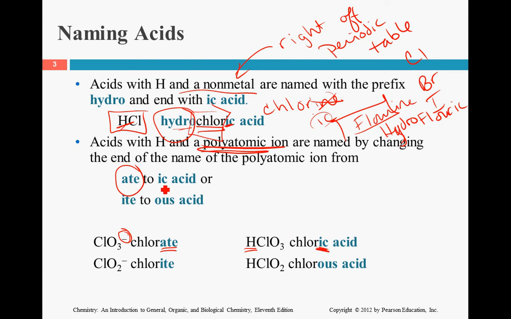We changed the ATE to an IC. Similarly, ITE becomes OUS. So chlorite becomes chlorous acid. Here's that polyatomic ion here. There's a -1 charge, so that means we only need one hydrogen.